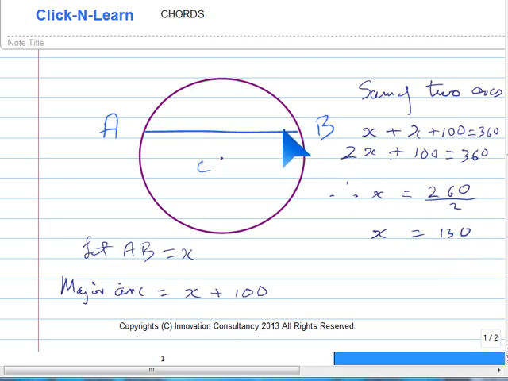This is the measure of the minor arc from here to here. So the major arc would be what? The major arc is x plus 100, so 100 plus 130, 230 degrees. And that's your answer.